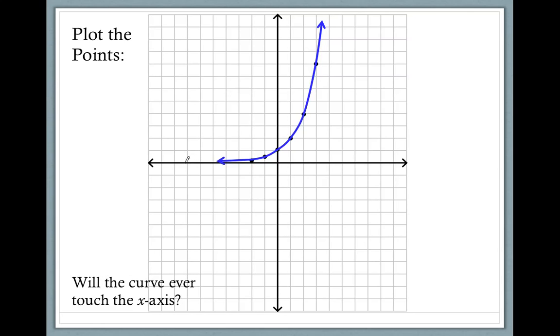And the reason for that is because when I have a point that's on the x-axis, it means that that y value is a 0. But yet in the equation, y equals 2 to the x, is it possible to put in any value of x that will end up making 2 to the x equal a 0?